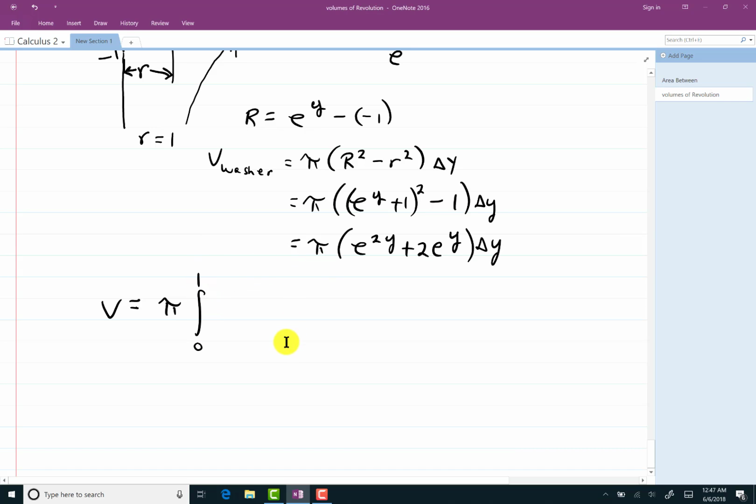And we get e to the 2y plus 2e to the y dy. And I'll leave it to you to get pi over 2 times e squared plus 4e minus 5.